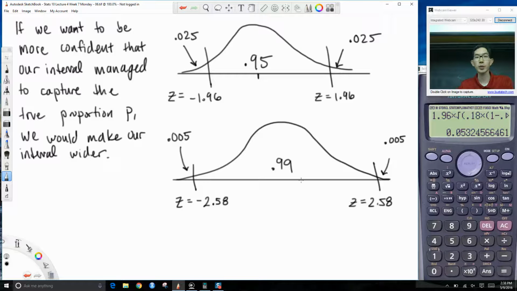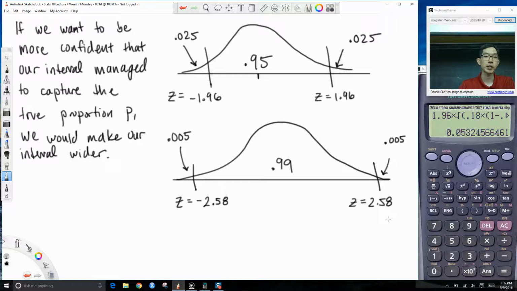I hope that makes sense. And that's why our z's would change from 1.96 to 2.58. If we want to be 99% confident, we would increase the z value we use from 1.96 to 2.58.